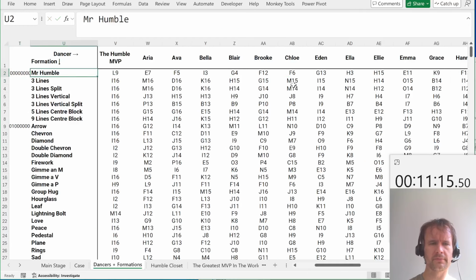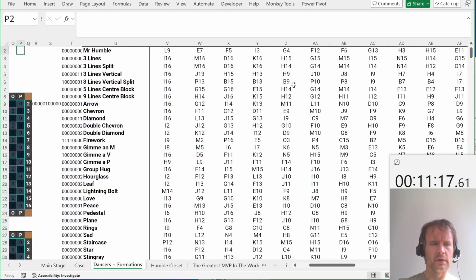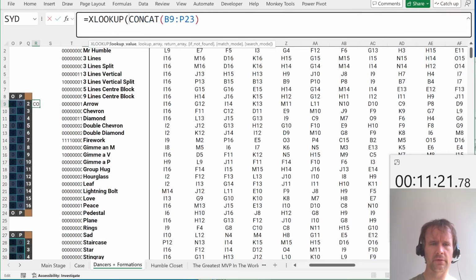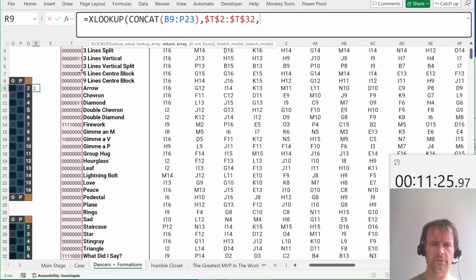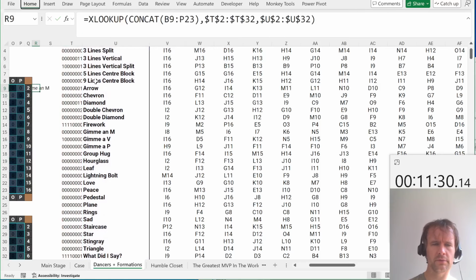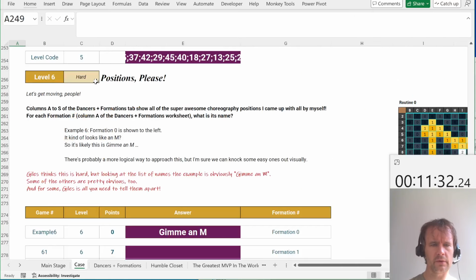I think that's it. So then, instead of just concat, we should be able to say XLOOKUP concat of that in here, lock, returning from here, lock. Sweet.